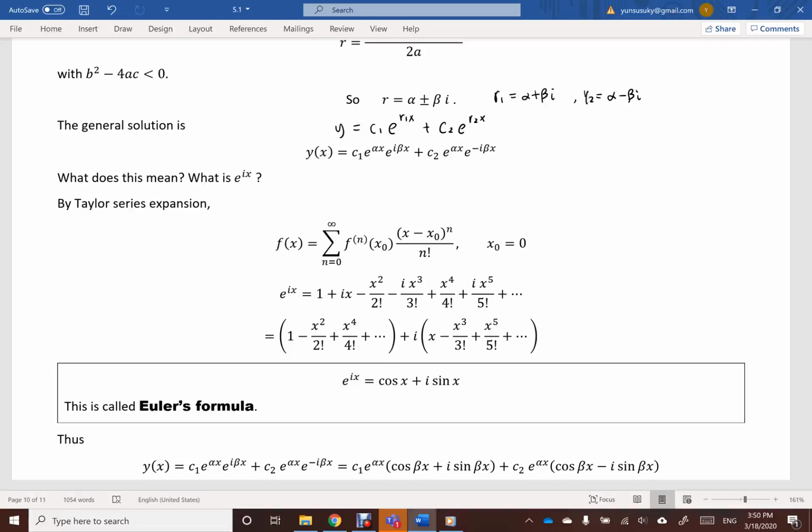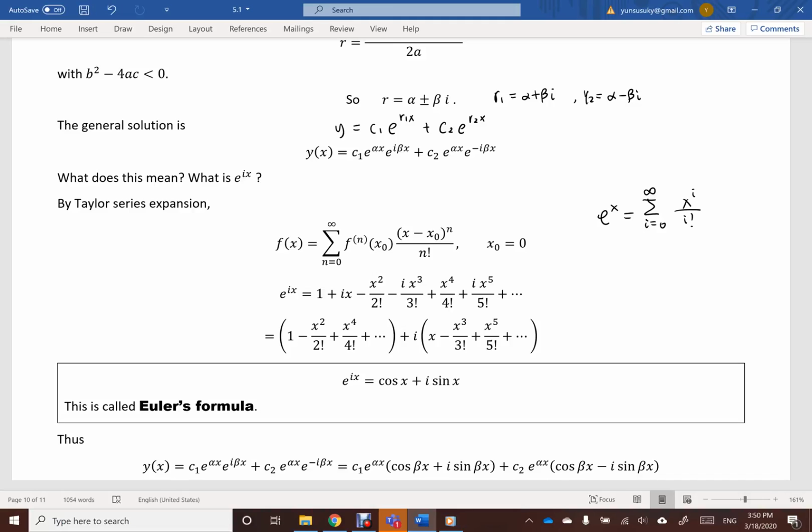And the Taylor series is the sum of the nth derivative times x minus x0 to the power of n over n factorial. Okay, and what is the Taylor series for e to the x? So e to the x, the Taylor series is the sum from i equals 0 to infinity of x to the i over i factorial.